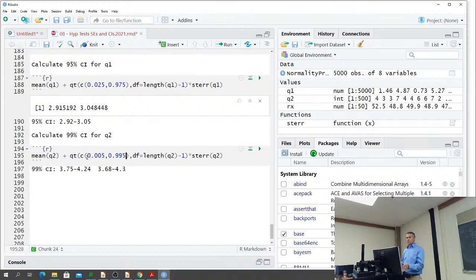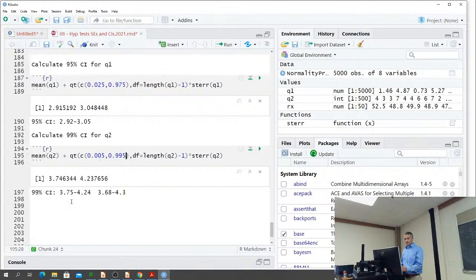So that gives us 0.5% in each tail. As I said, for the most part, we're doing 95% confidence intervals. But if you needed to do a 90% or a 99%, we can do it.